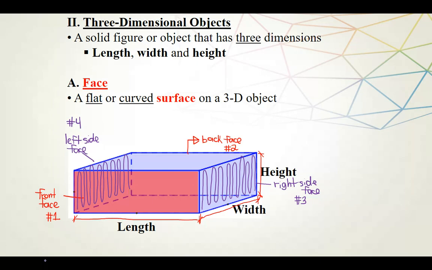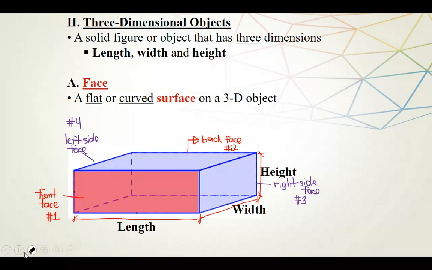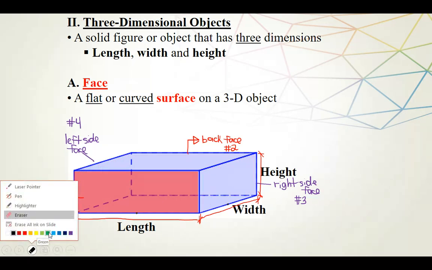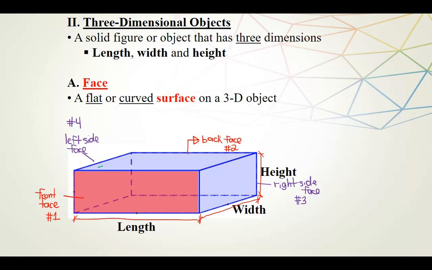And I'll erase these squiggly lines again just to illustrate the final 2 faces. So let's get rid of this. I'll get rid of that. And let's do the last one in green. Okay, then we have this face. This would be my top face. So that would be face number 5.